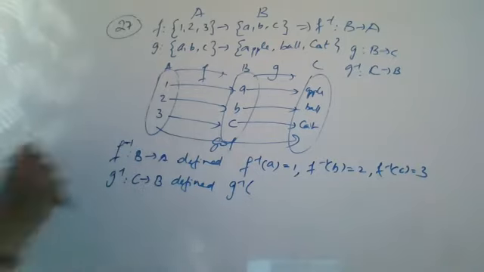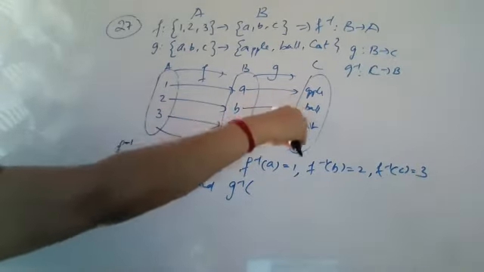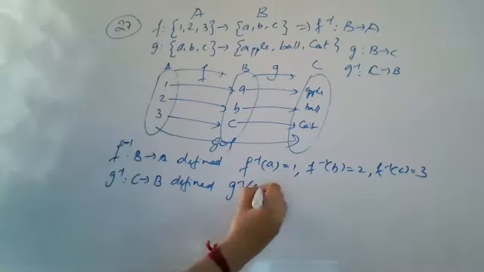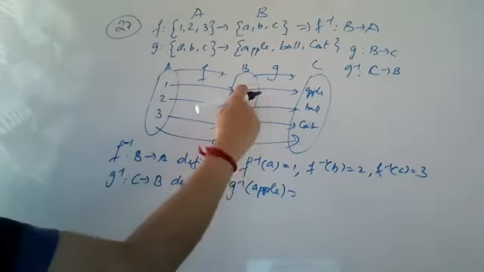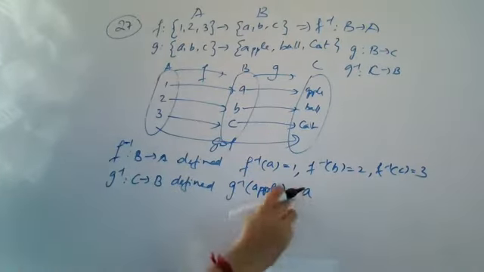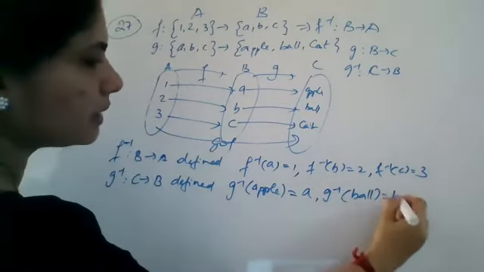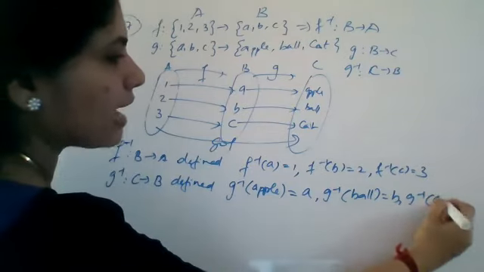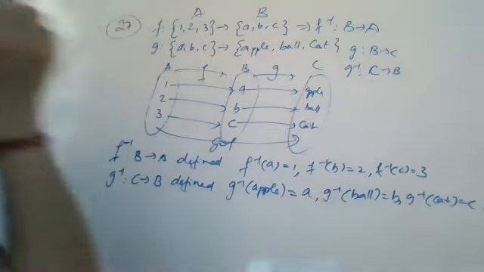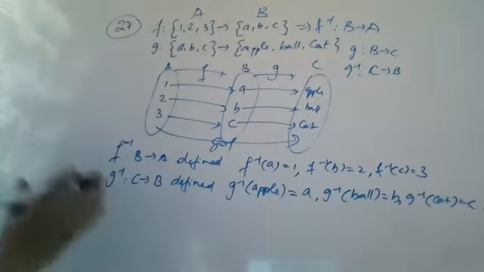What is C? C is your set apple, ball, cat. So you will have G inverse of apple is equal to the reverse process A. Okay. G inverse of ball will give you B, and G inverse of cat will give you C. Like this, you are defining your G inverse.